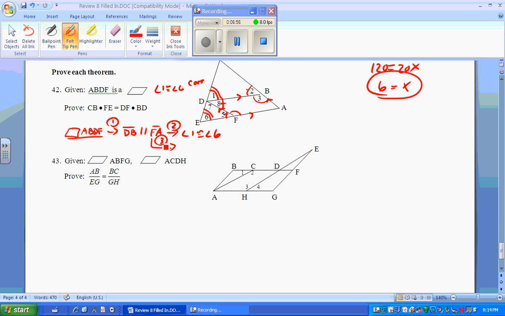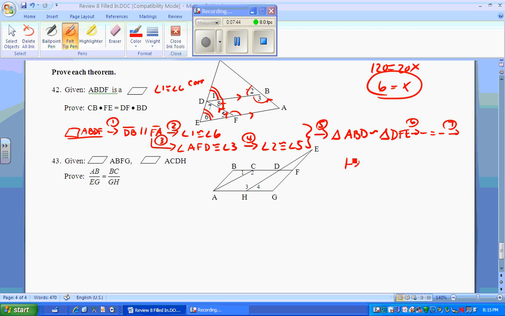Also from the parallelogram, different reason, you can say angle AFD is congruent to angle 3, which then gives us that angle 2 is congruent to angle 5, which with these two, you can say triangle ABD is similar to triangle DFE, which then I would leave a blank proportion.